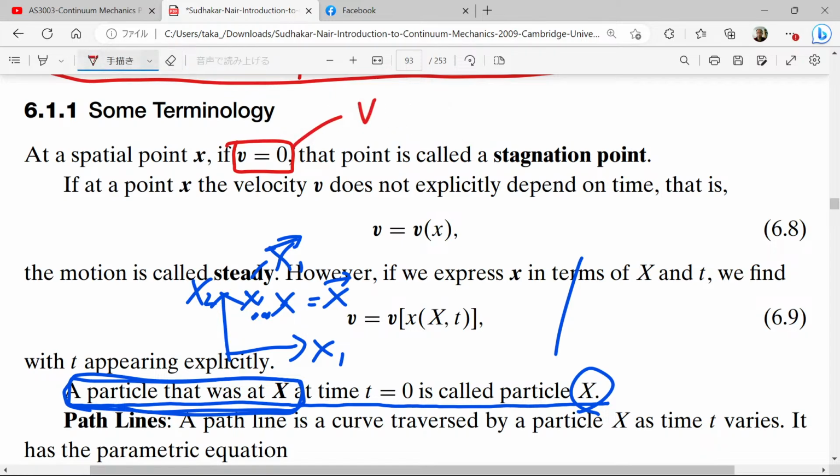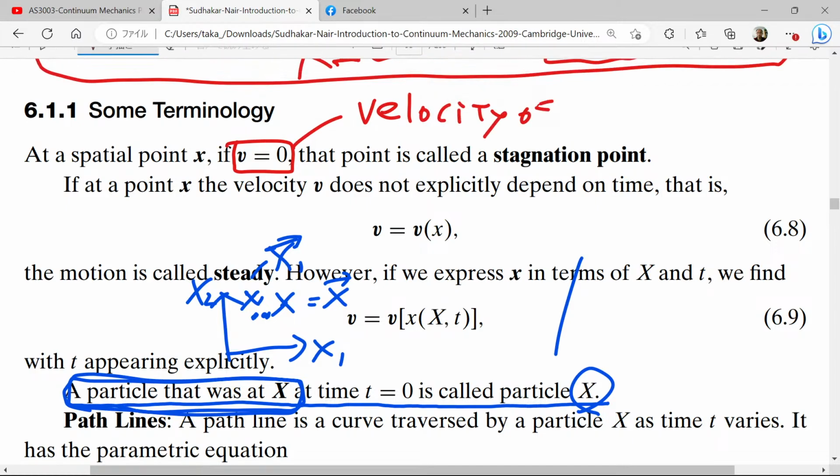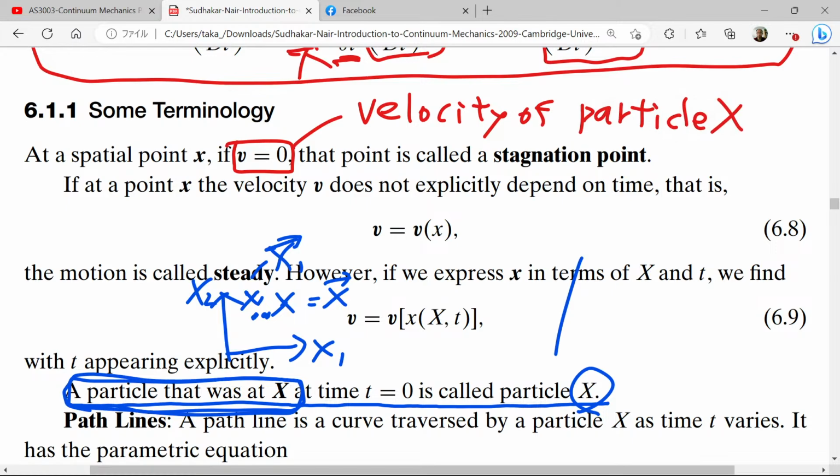This is velocity of particle x. Yeah. So this in the material coordinate, spatial coordinate. So this particle stays at this same point. This particle is x. That's called a stagnation point.